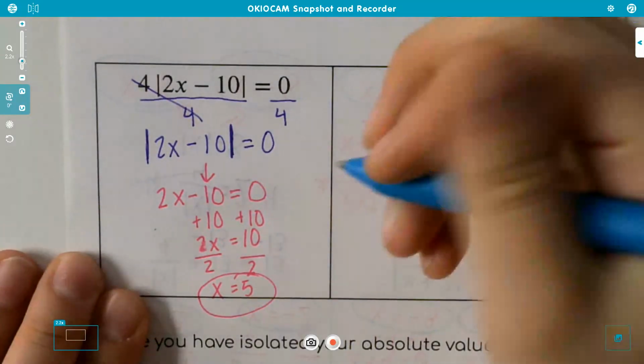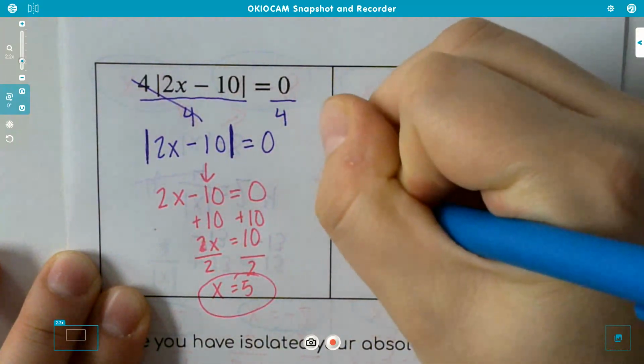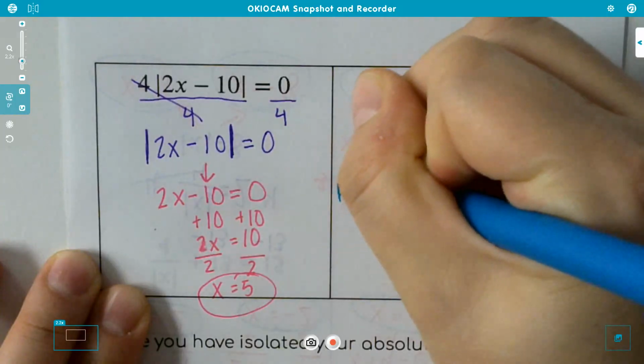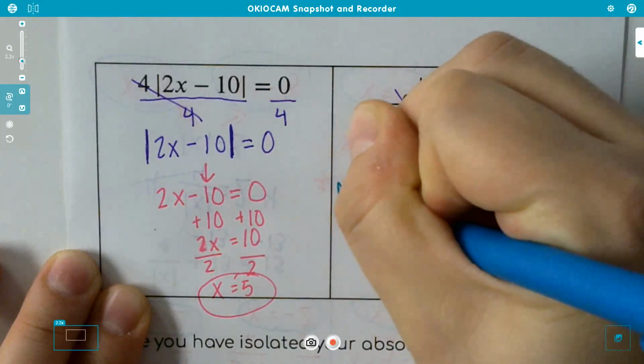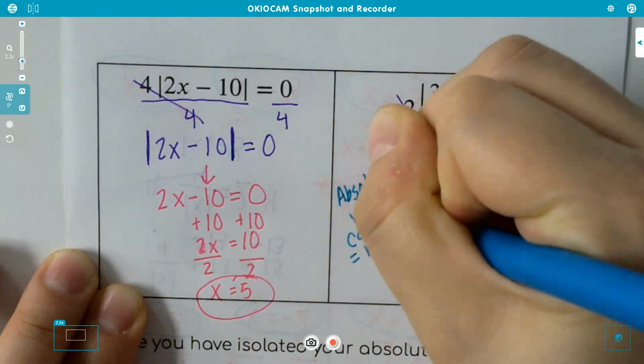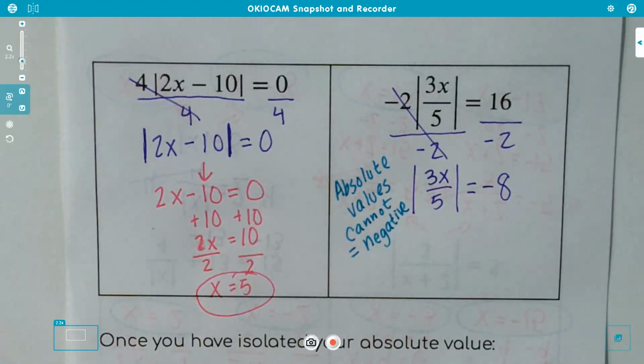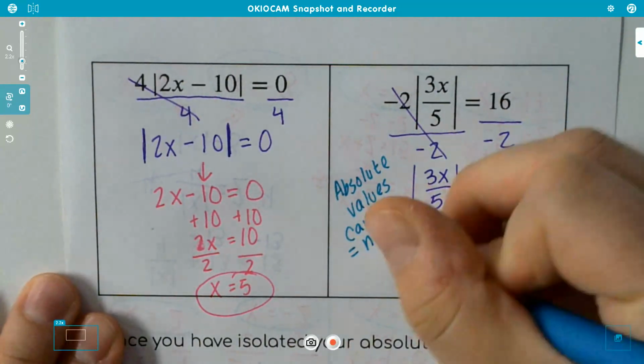So if you want to write a note to yourself of why this is happening, absolute values cannot equal a negative. So write a little note to yourself so you know why this is happening. And then we cannot solve this. There is no solution.